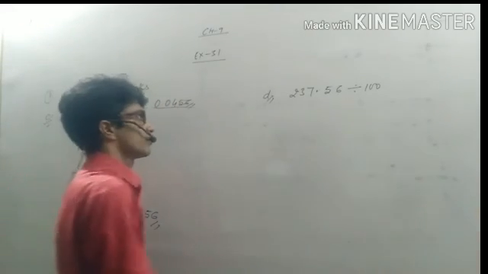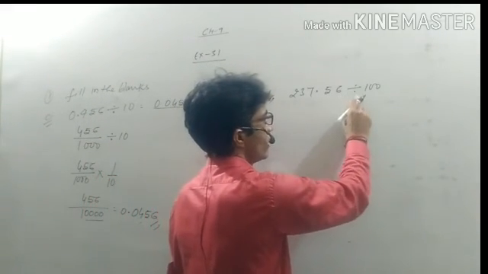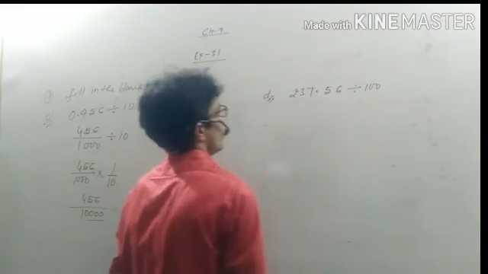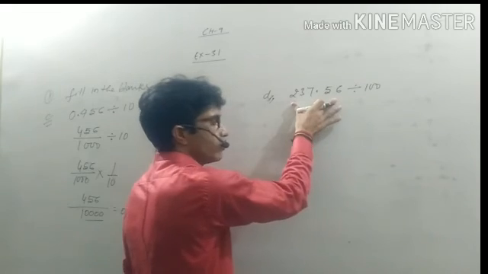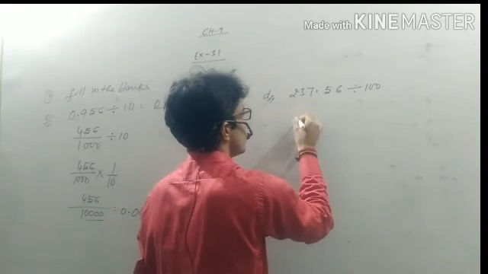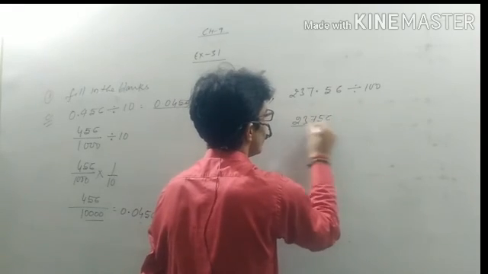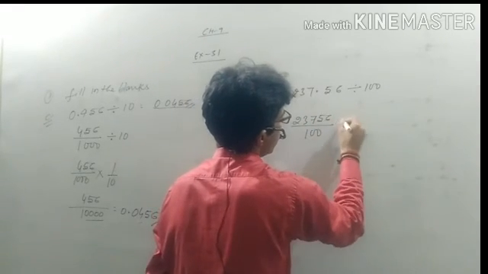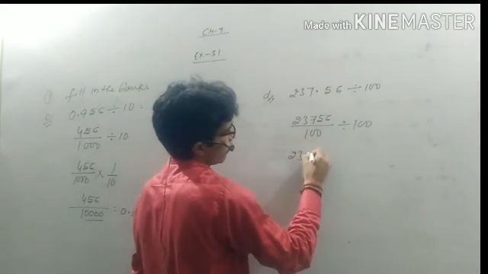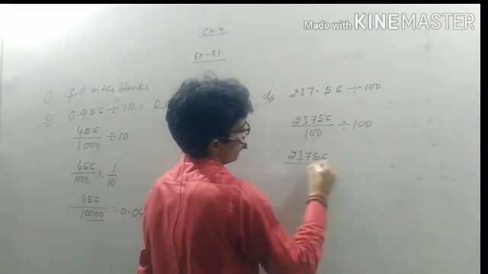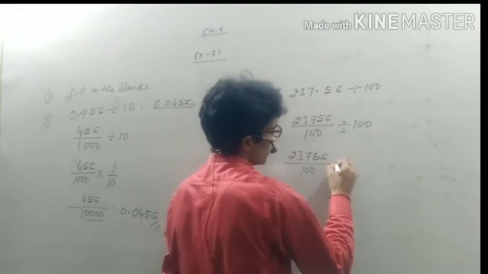And next question, question D: 237.56 divided by 100. First of all we have to change the decimal fraction into a fractional number. So we can write 23,756 upon 100 divided by 100, and now we write 23,756 upon 100. Change the sign of division into multiplication sign.